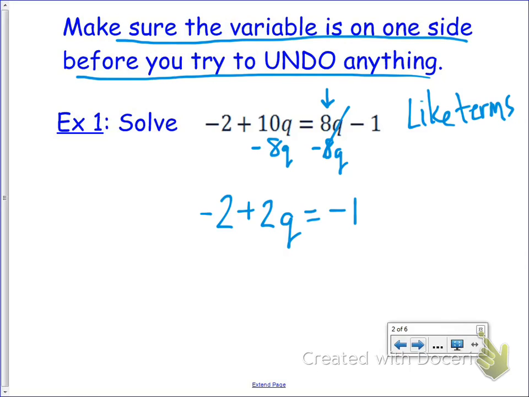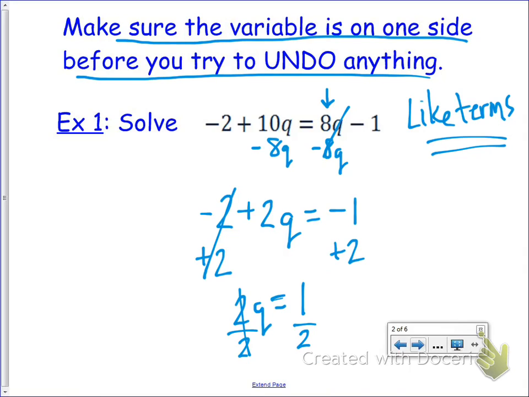And we're going to combine like terms again, add 2. Notice I'm not adding 2 to something that has q in it because they're not like terms, but regular numbers are like terms with each other, so we're still working with like terms. And simplify, and you get 2q equals positive 1. I just wrote my answer as part of my work still, but q equals 1/2, so there you go.